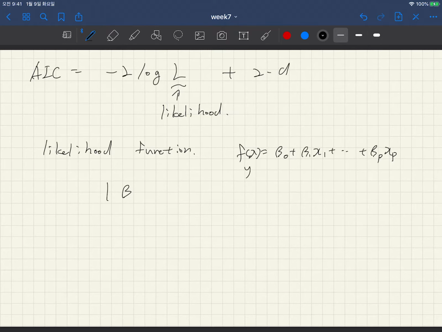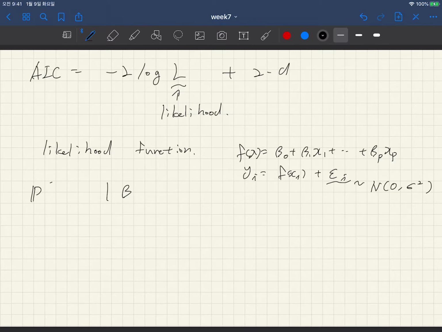Your general assumption for linear regression is that yi follows f(xi) plus epsilon i as the observation rule. Here epsilon i is independent Gaussian noise with mean zero and variance sigma squared.